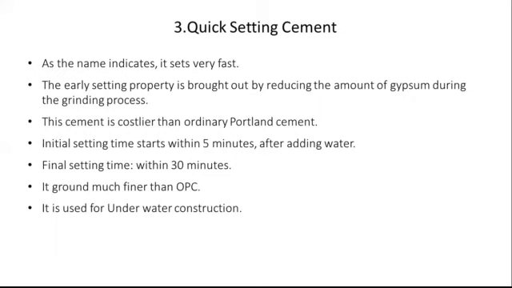Already we discussed the manufacturing process of cement. In that process we added gypsum, but in quick setting cement we reduce the amount of gypsum. This cement is costlier than ordinary Portland cement. Initial setting time starts within 5 minutes after adding water, and final setting time is within 30 minutes. So we can see that only 30 minutes are required for setting.